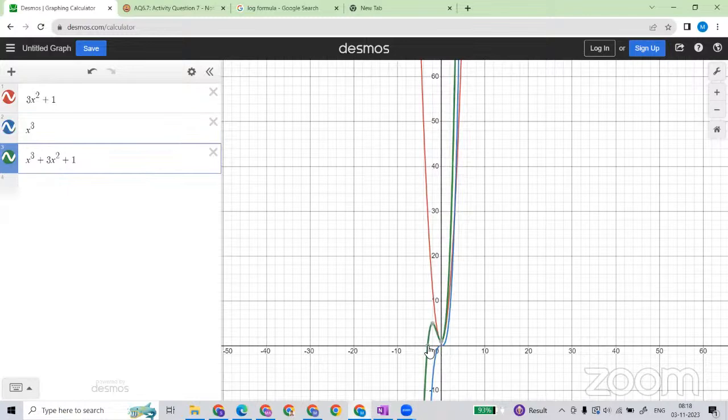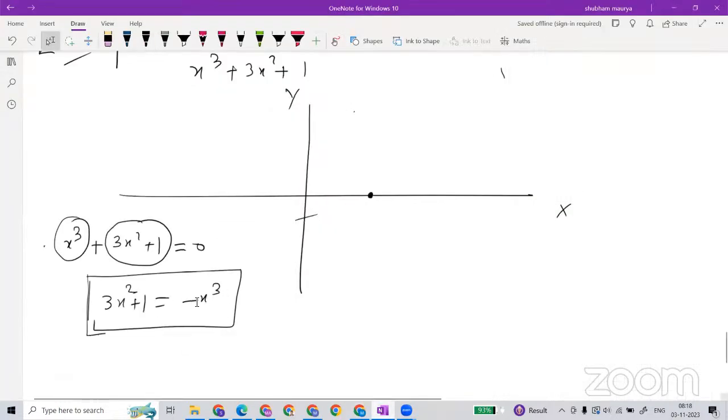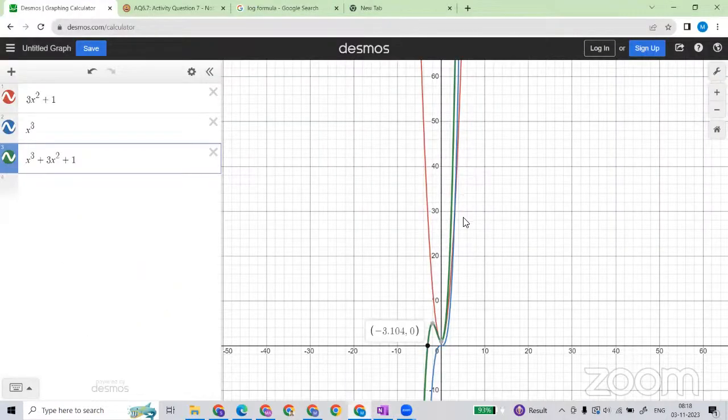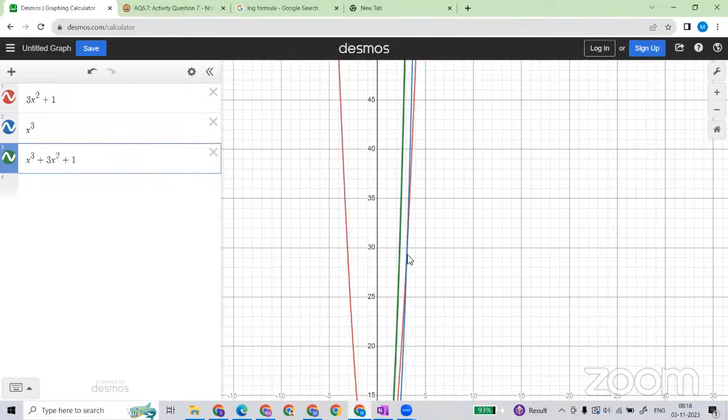Negative of 3, minus 3.14. I missed that. So this is the meaning. Whatever is the intersection here, this side, not this one, this one.